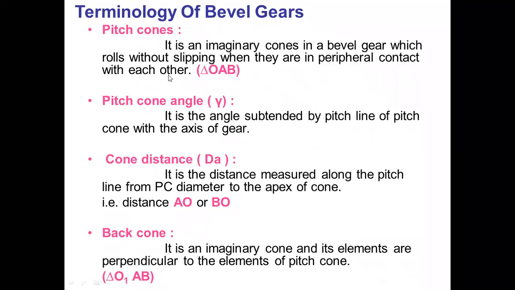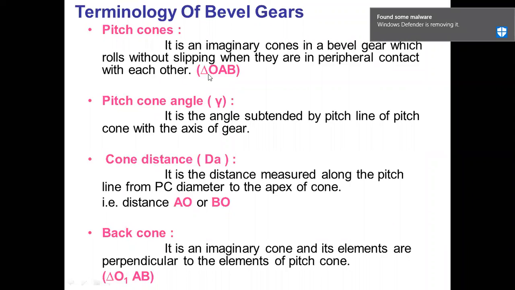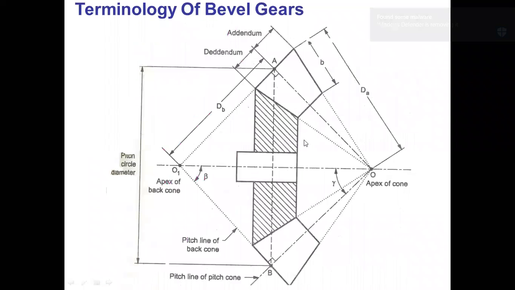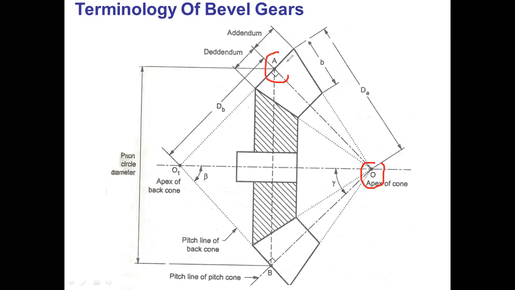If you see here, the triangle OAB is the pitch cone. This is called the pitch cone.